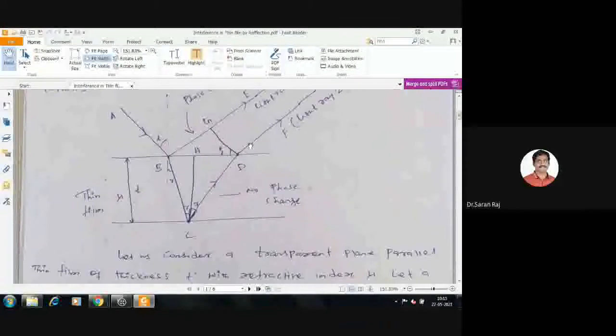Let us consider a transparent plane parallel thin film of thickness t with refractive index mu. In this glass plate, the refractive index is mu. Let a monochromatic light ray, A to B, be incident at an angle of incidence I on the upper surface of the film.